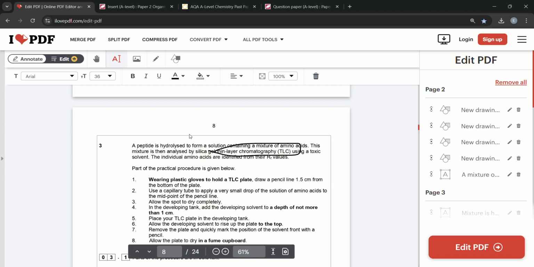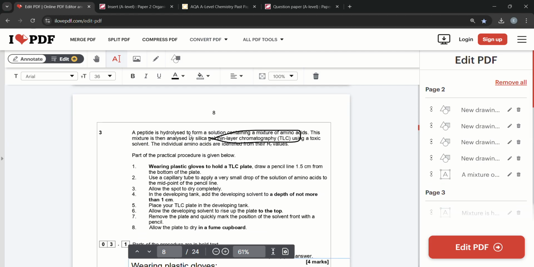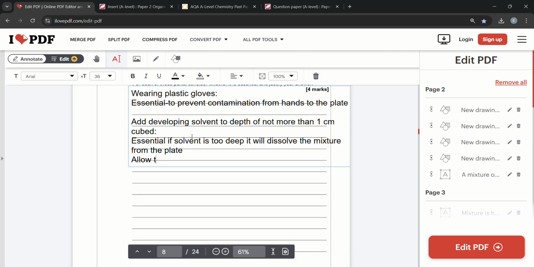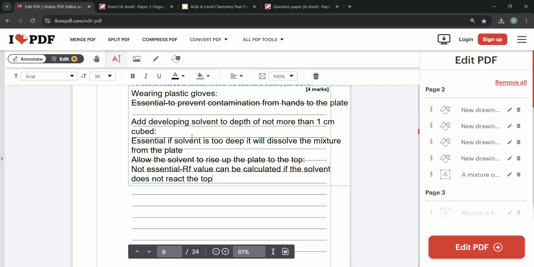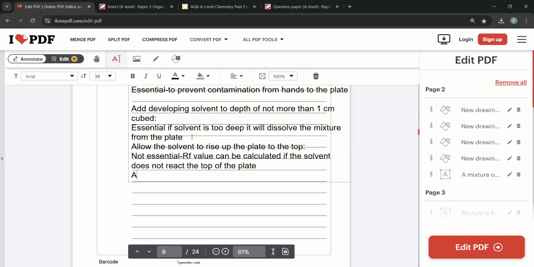Allow the solvent to rise up the plate to the top. That's not essential. Reason being is because the RF value can be calculated even if the solvent does not reach the top of the plate. Therefore it's not necessary.